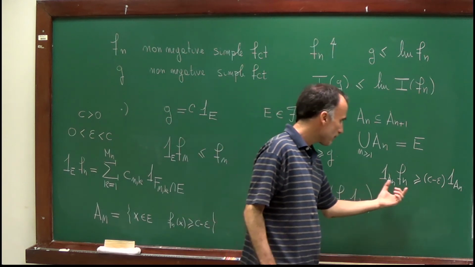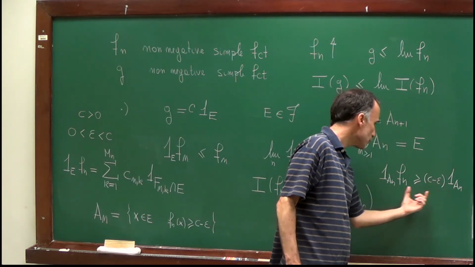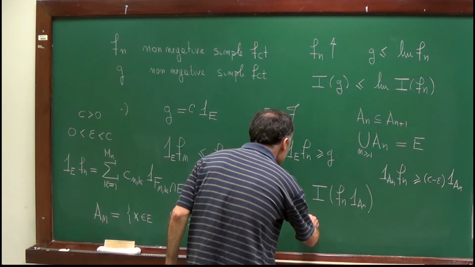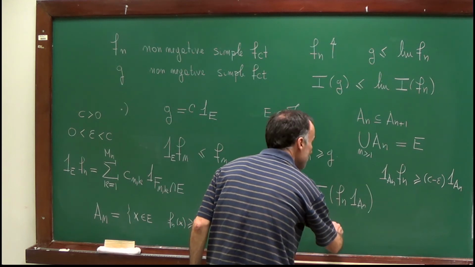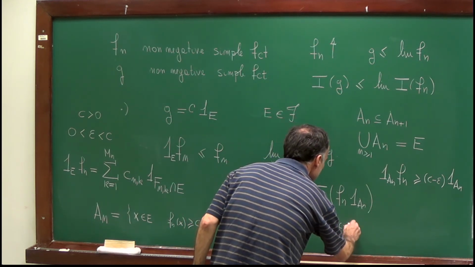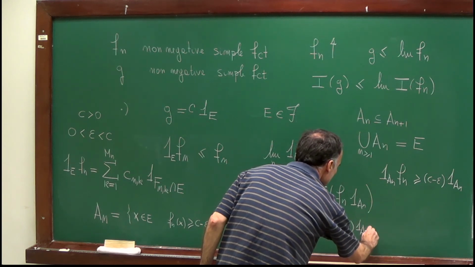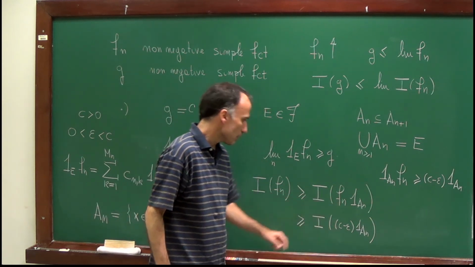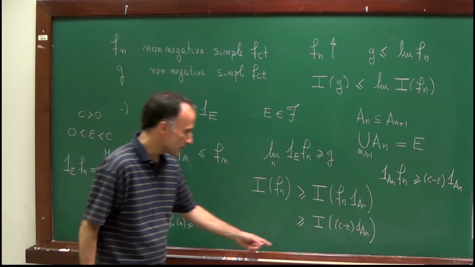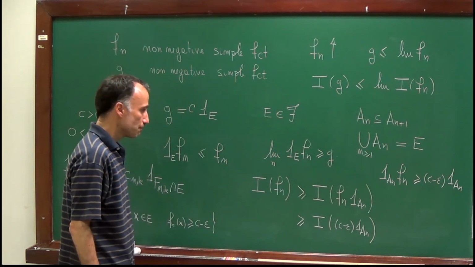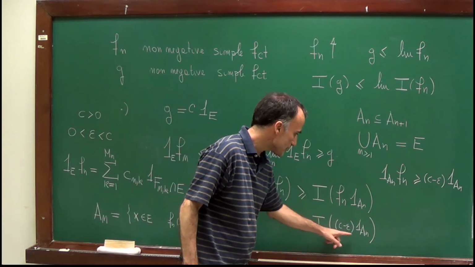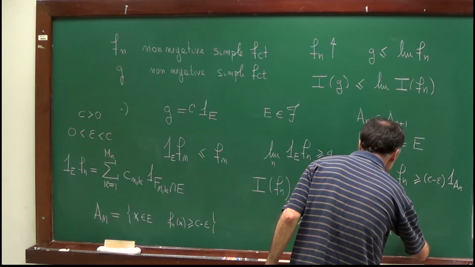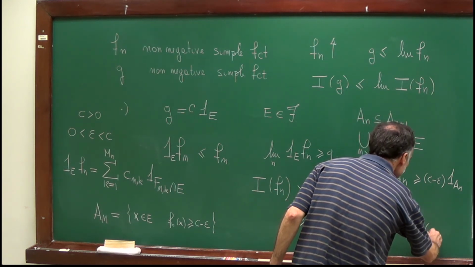So again, we have a simple non-negative function which is bounded by another one, which means that the integral of this expression is bounded by the integral of that one. So we have a new inequality, which is that the integral of f_n is larger or equal than the integral of this simple function. But now observe, what is the integral of this expression? Well, it's c minus epsilon times mu of A_n.